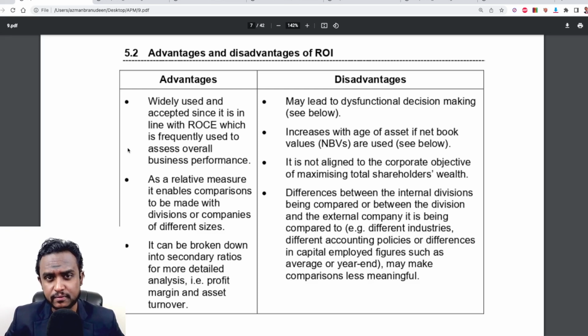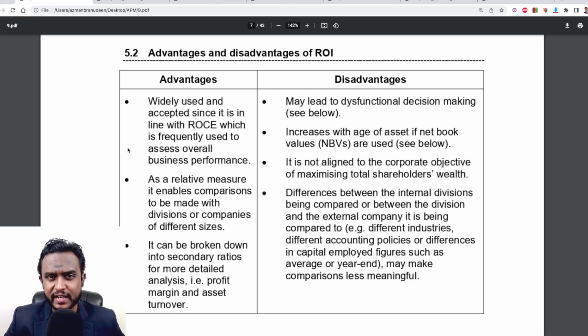We will see how this is also part of leading a divisional manager to make suboptimal decisions. Differences between the internal divisions being compared, or between the division and the external company it is being compared to, may make comparisons less meaningful because there is no common base, even though it is a percentage-based ratio which allows you to compare in numerical terms.